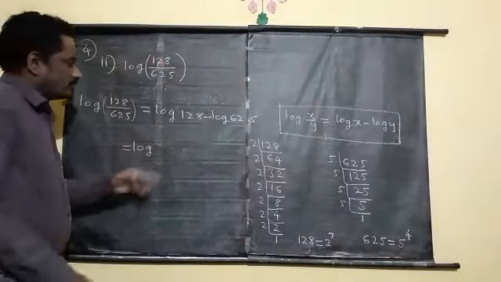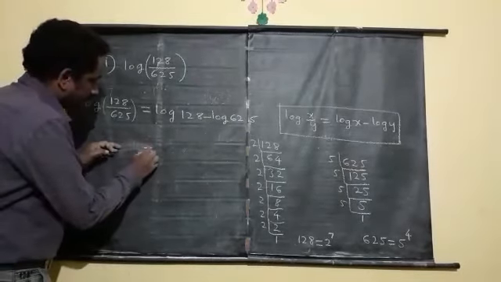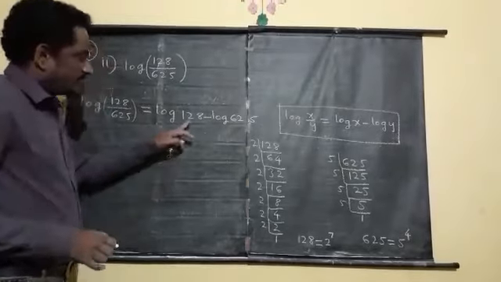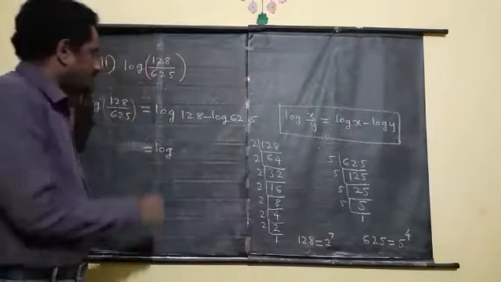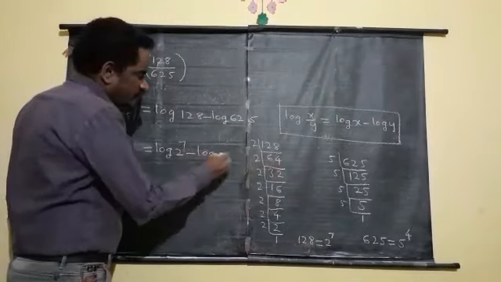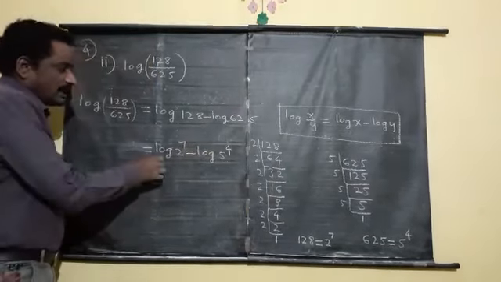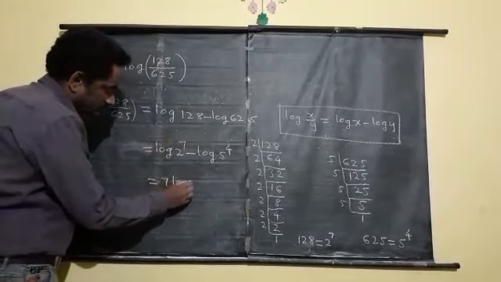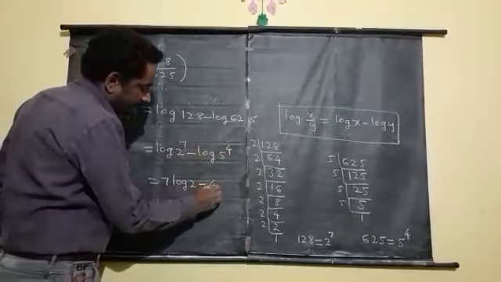Now log 128 minus log 625. In place of 128, 128 is equal to 2 to the power of 7, so we write 2 to the power of 7, minus log 625, and 625 is equal to 5 to the power of 4. Now log 2 to the power of 7 is equal to 7 log 2, minus log 5 to the power of 4 is equal to 4 log 5.